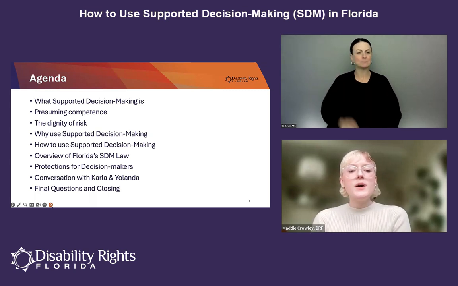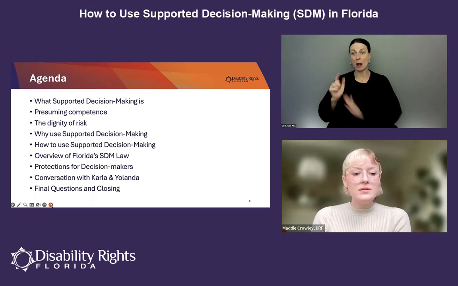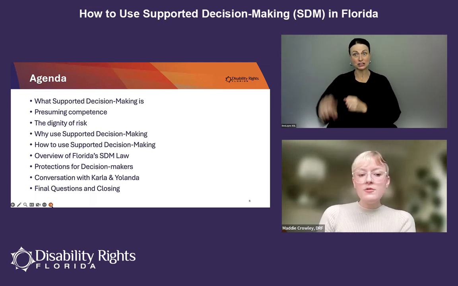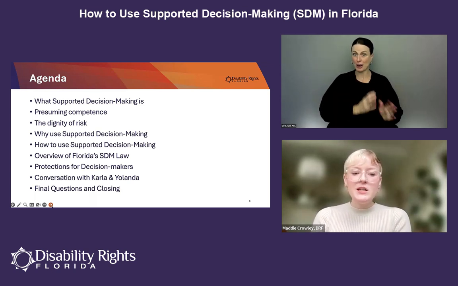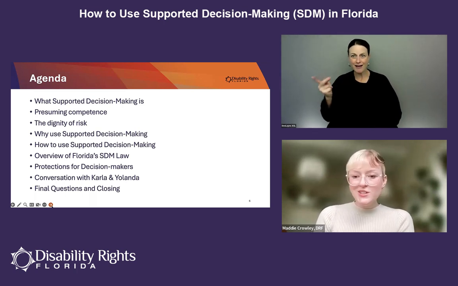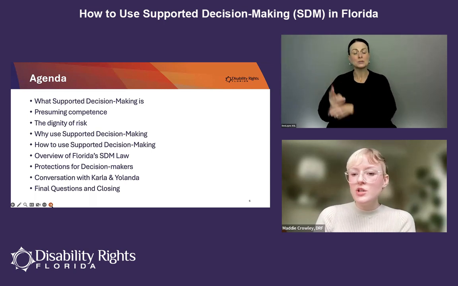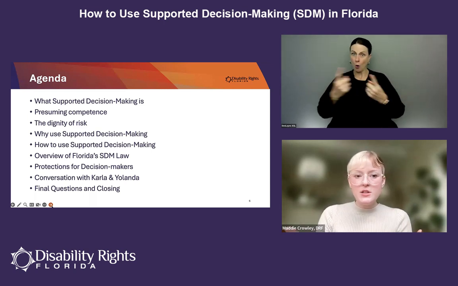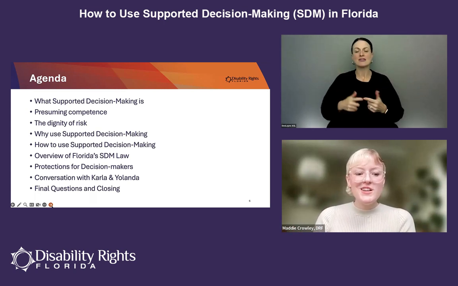Next, we're going to talk about Florida's new supported decision-making law that was passed this year. Then we're going to cover protections for decision makers. Then we're going to hear from Carla and Yolanda about their experience using supported decision-making. And lastly, we'll have time for some questions from the audience participants and some final closing thoughts.